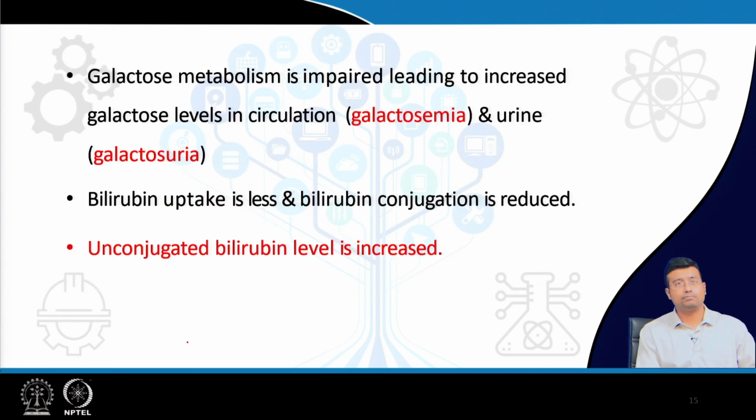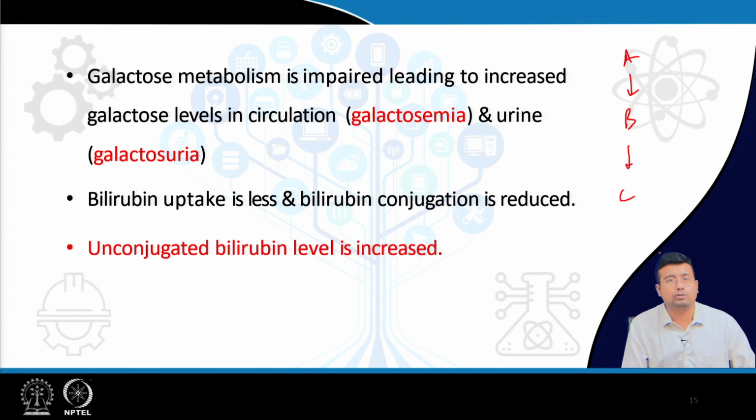So, what is the problem? Excess galactose will now remain in the circulation. Since galactose 1 phosphate is accumulated, ultimately there will be no requirement of converting galactose to galactose 1 phosphate. Suppose some pathway A is getting converted to B, then to C, as I told you in feedback control. If something is blocked over here, the whole reaction will be blocked. There will be no more requirement of B to be converted to C, because this conversion pathway is faulty.